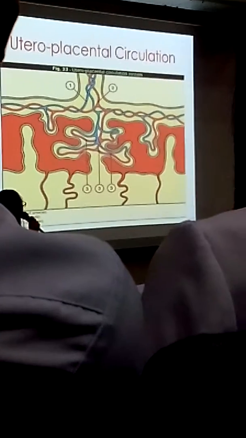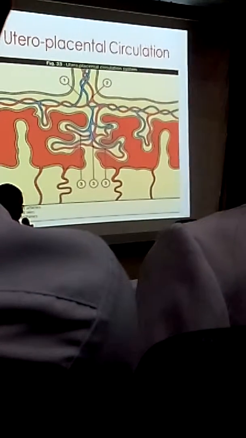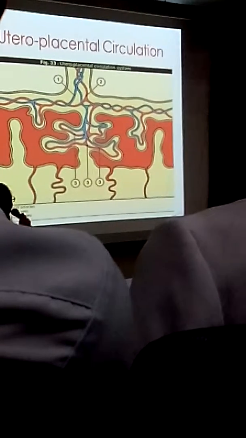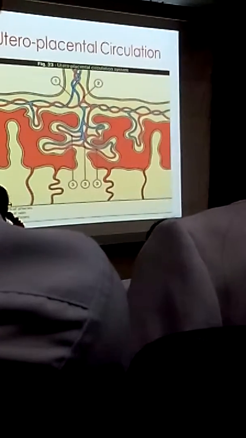So another special circulation is the uteroplacental circulation. So basically, the fetus receives blood from your umbilical arteries. They are 2 in number, if you remember.